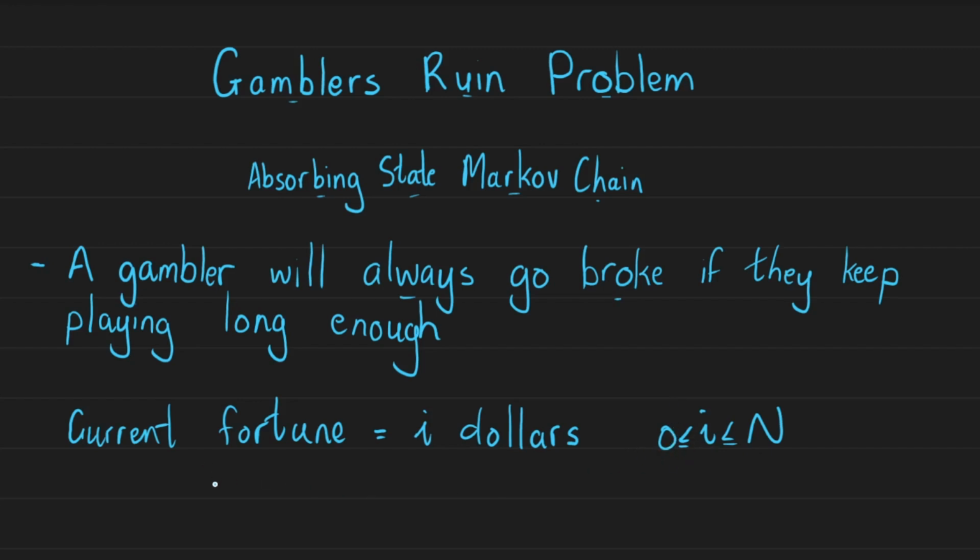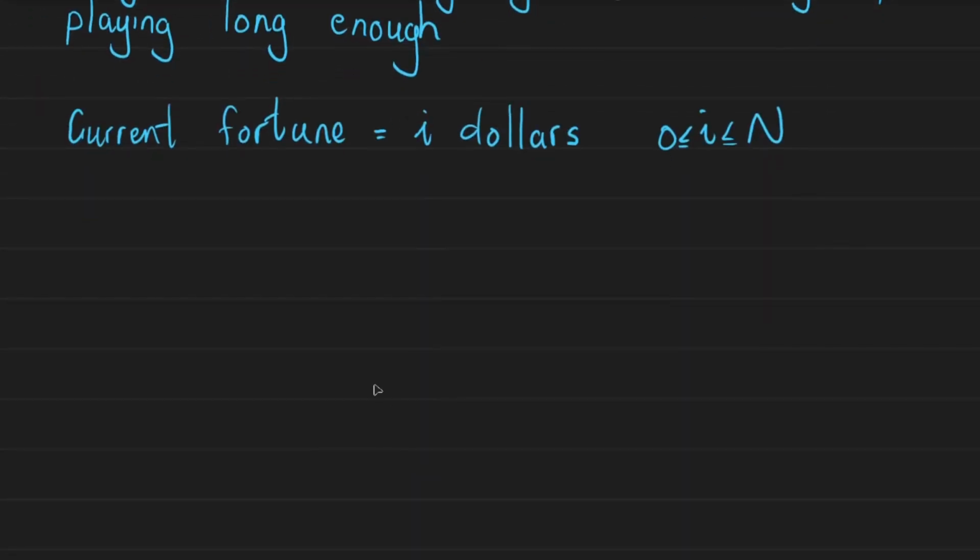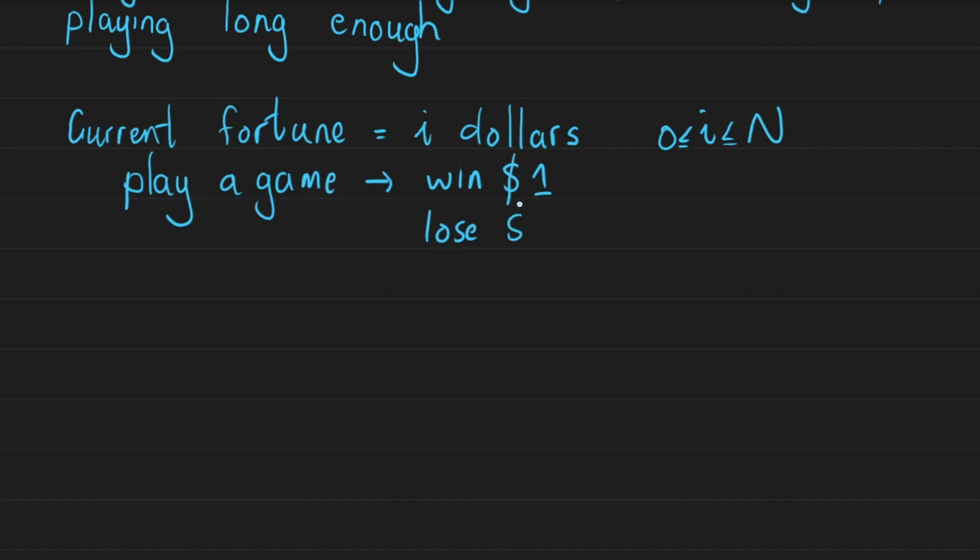So every time the gambler plays a game, when he or she does that, they're either going to win $1 or lose $1. If they win $1, i will go to i plus 1.